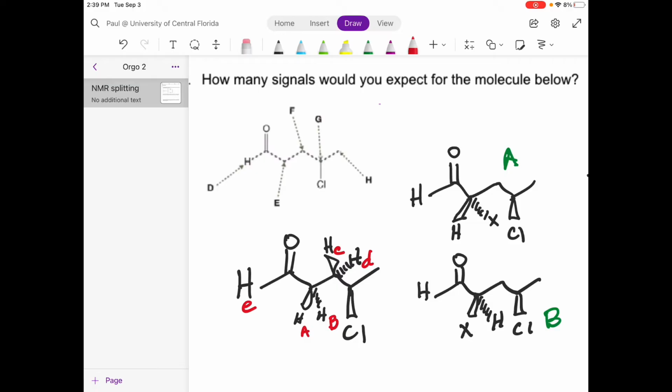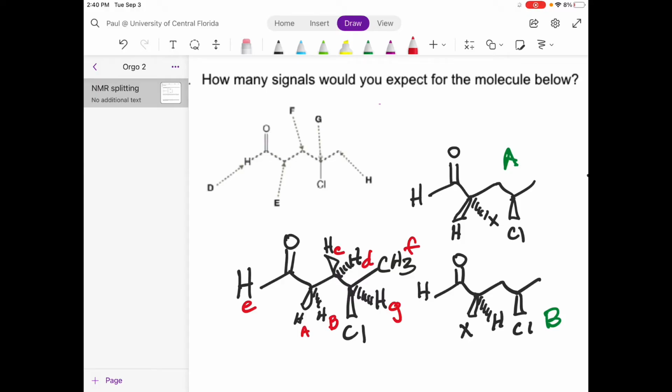That will give a signal. And then we have our methyls right here, CH3, and those methyls are going to give a signal all by themselves. And then there's one more that a few people will forget, that there's a hydrogen right there. And so that molecule right there will have 7 signals.